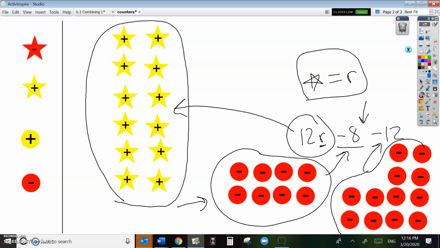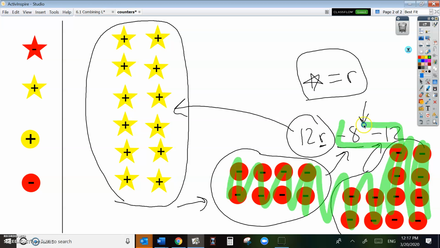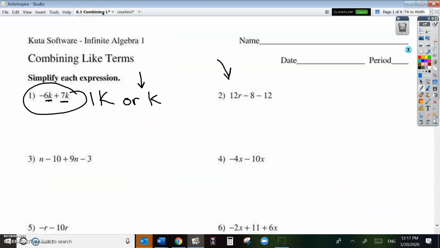But all of these are the same, so I'm going to put them all together. I'm going to combine those two because they are like terms. So go back to this problem and you'll see that you have 12r, that doesn't change, but minus 8 and minus 12 together is minus 20. This is all that can be done with that problem.